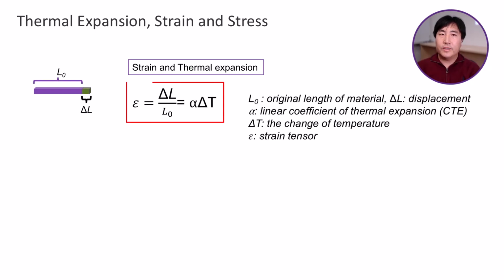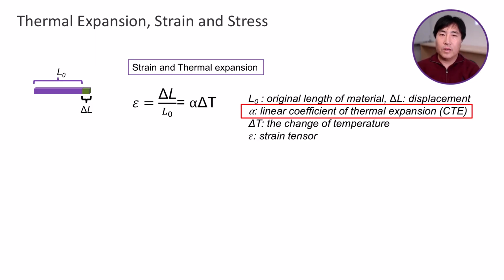Typically, we use the strain tensor to represent displacement across an object's geometry. The amount of deformation depends on a factor called CTE, or the coefficient of thermal expansion. So CTE defines how much a material expands per degree change of temperature.